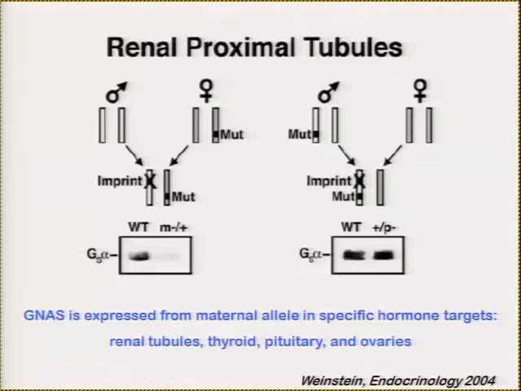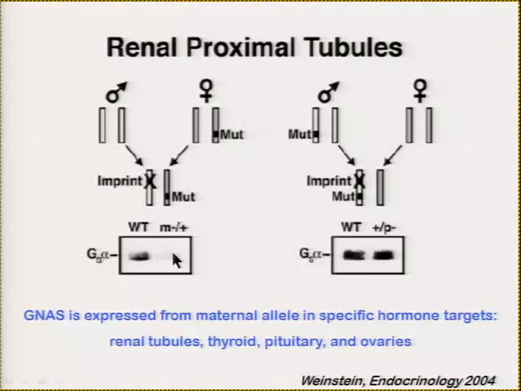So why does the maternal allele bring with it the hypocalcemia of pseudohypopara? Because this gene is imprinted in the renal system. It is only in the kidneys run off the maternal allele. So here, if the maternal has the mutation, and here's the kid who has the maternal mutation, the paternal allele is imprinted and it's silenced.